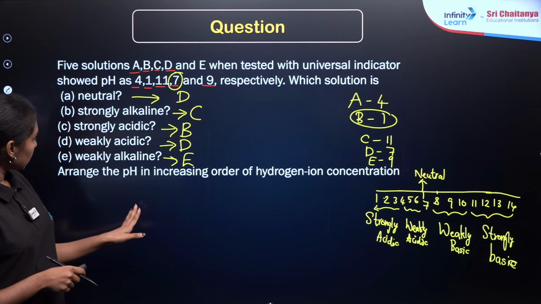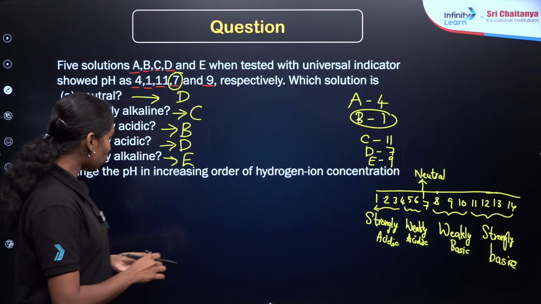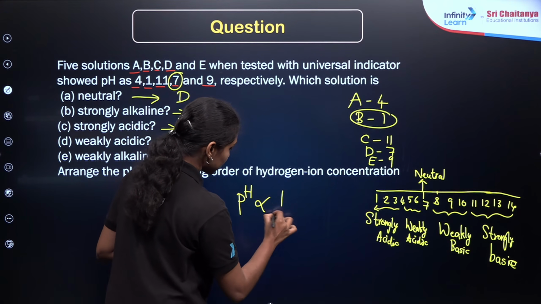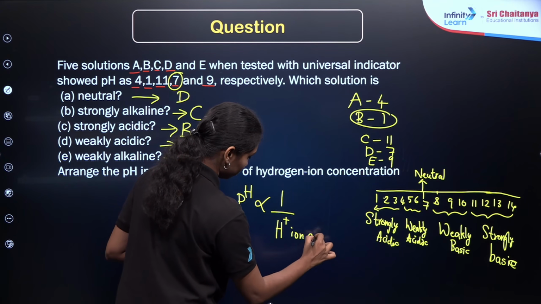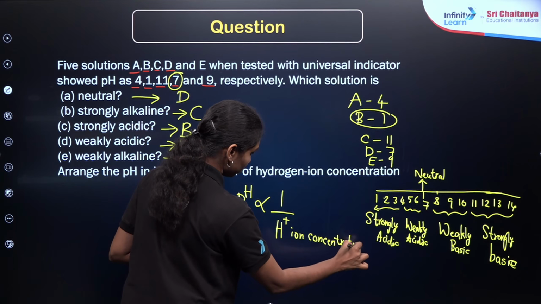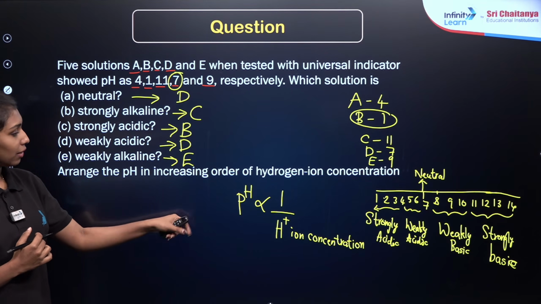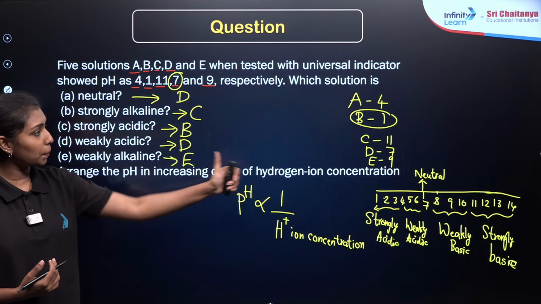Then our next question is to arrange the pH in increasing order of hydrogen ion concentration. We know that pH is inversely proportional to the H plus ion concentration, right? So what about the case of increasing order here? We will start from the lowest value of H plus ion concentration. That will be the maximum pH, right?